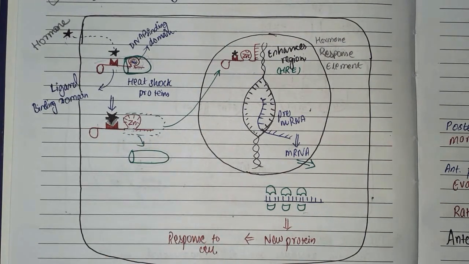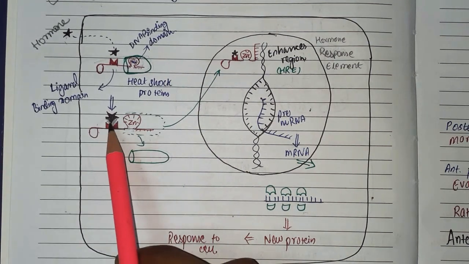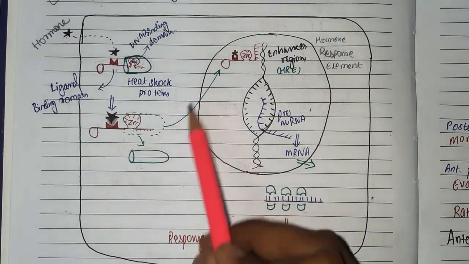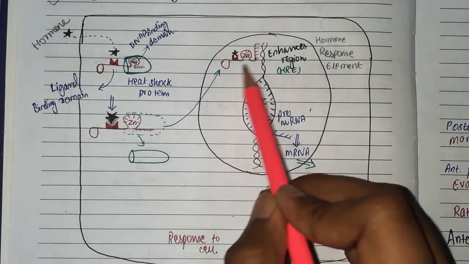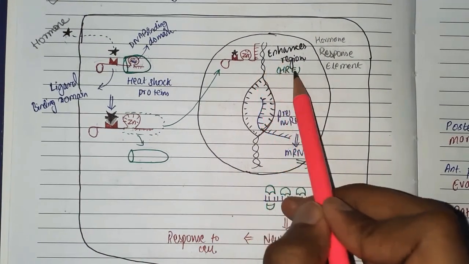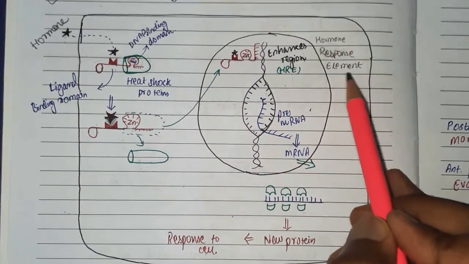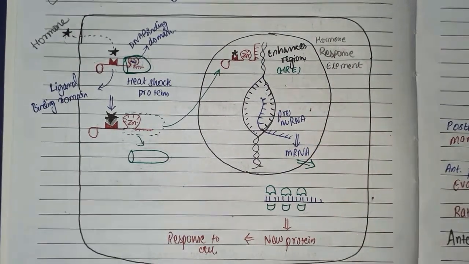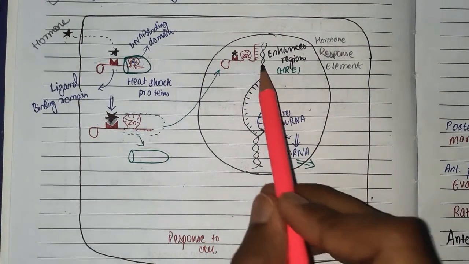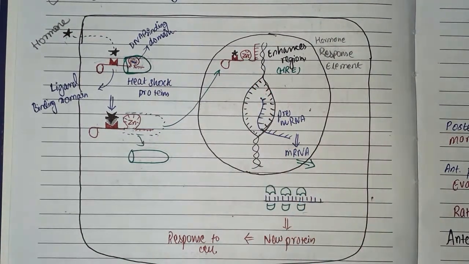Now the next step is that the receptor along with the ligand enters the nucleus of the cell and reaches the enhancer region of the DNA. This region is also known as the hormone response element, because it gives a response to the hormones that bind with it.